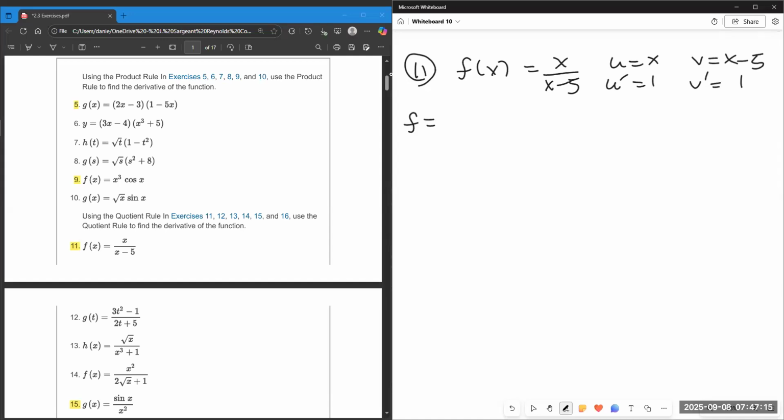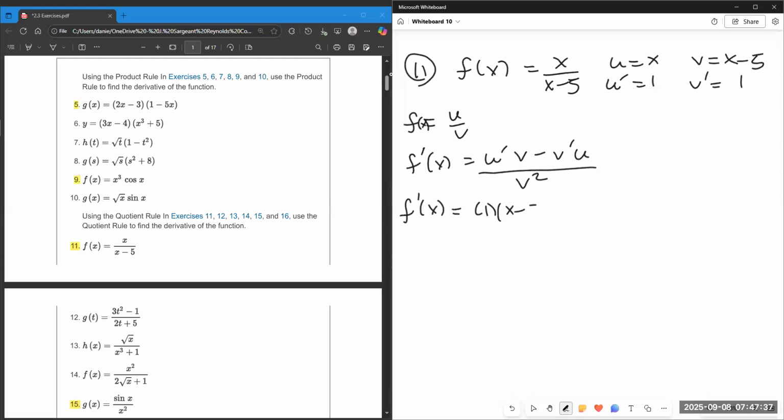F is u divided by v, and f prime will be u prime v minus v prime u all over v squared. F prime is 1 times x minus 5 minus 1 times x over x minus 5 quantity squared.